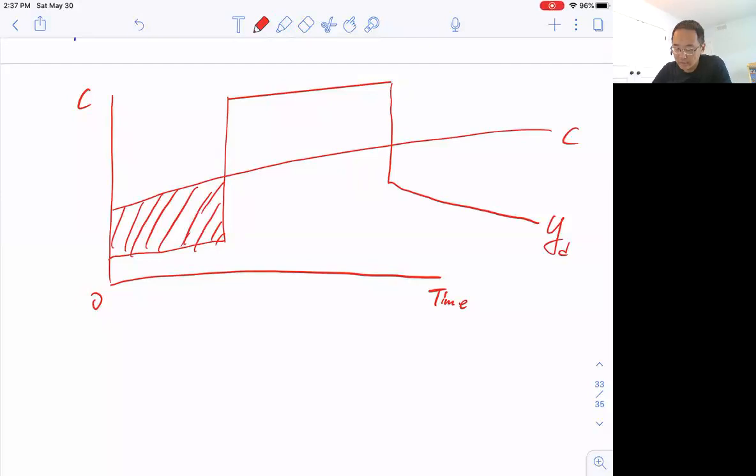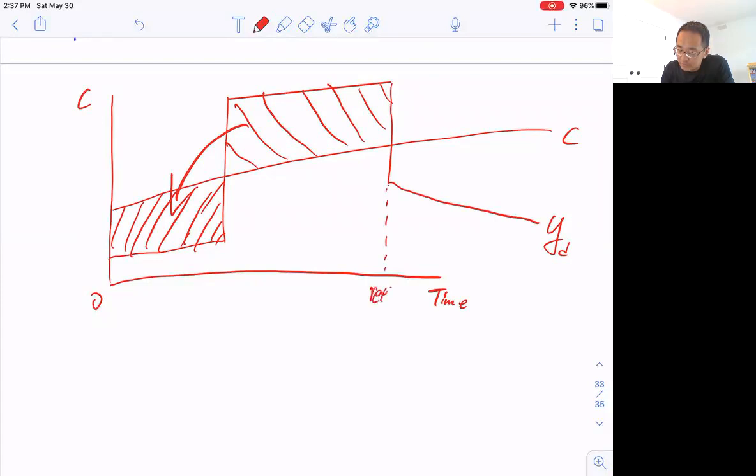Your income is less than your consumption, so you have to borrow money, get student loans, etc. Then once your income rises higher than your consumption, this is all of your savings, the difference between your income and how much you spend. And hopefully your savings is big enough to pay back all this borrowing. And then you can see here the sharp drop in your income. This is retirement, right? So time-wise, this is retirement.